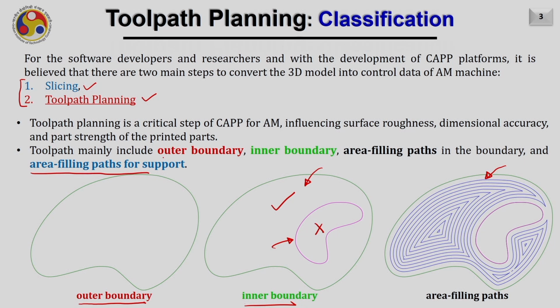However, if you are dealing with the slicing of accurate CAD models, also called direct slicing, then other types of interpolation may be required. Therefore, in today's lecture we shall not discuss much about scanning the outer or inner contours, because this is very straightforward. We shall discuss more about the area filling paths, how to fill this area.